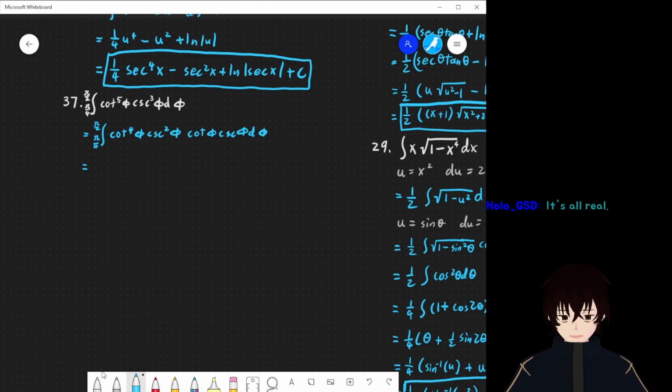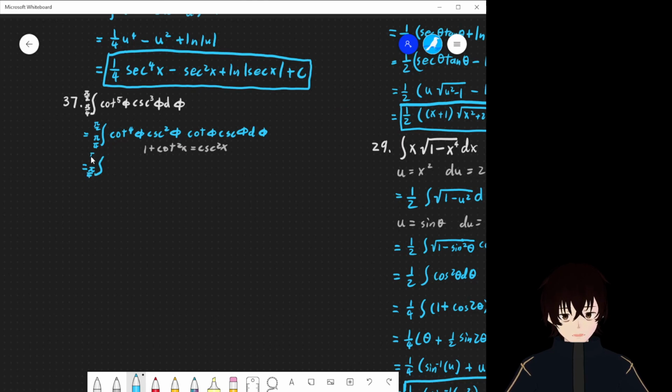Anyways, if I remember right, 1 plus cotangent squared x equals cosecant squared x. We basically never work with cotangent and cosecant, so I'm kind of estranged with these two. I will praise that I'm right.